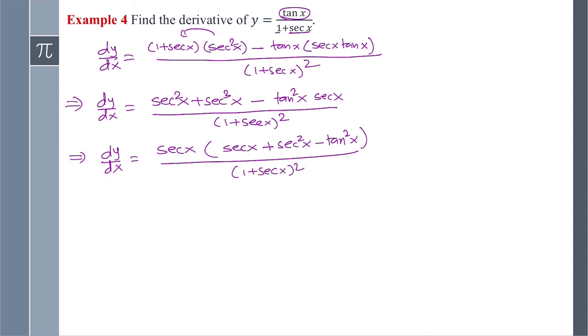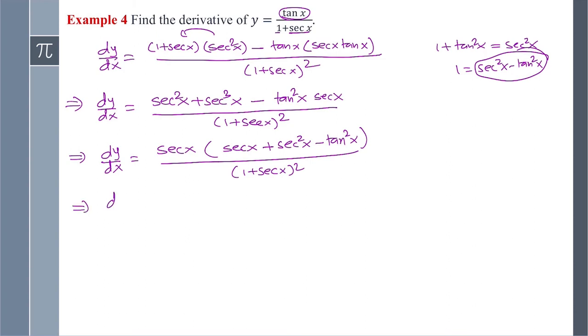Now from trigonometry you know this identity: 1 plus tangent squared x equals secant squared x. If we subtract tangent squared, we get 1 equals secant squared x minus tangent squared x. So secant squared x minus tangent squared x is just 1.